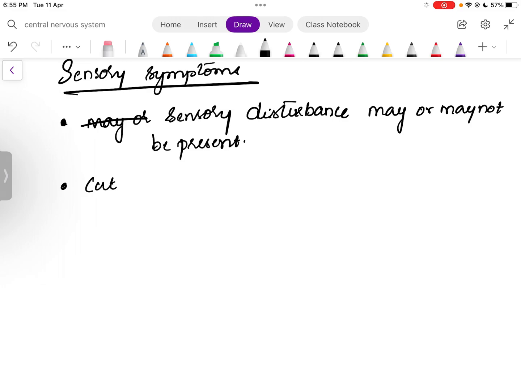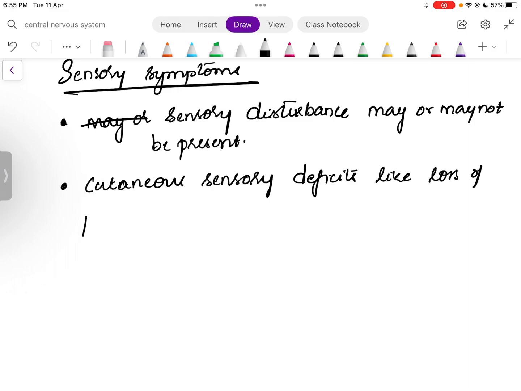Cutaneous sensory deficits, like loss of pain and temperature, are mild.